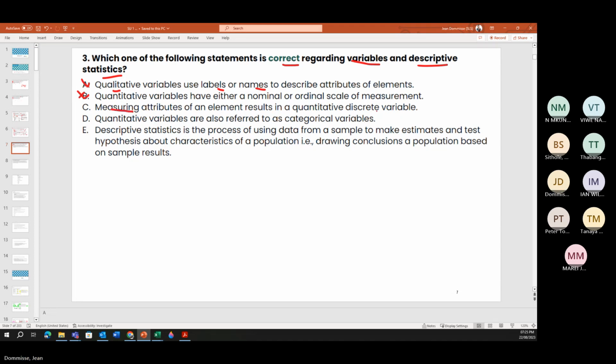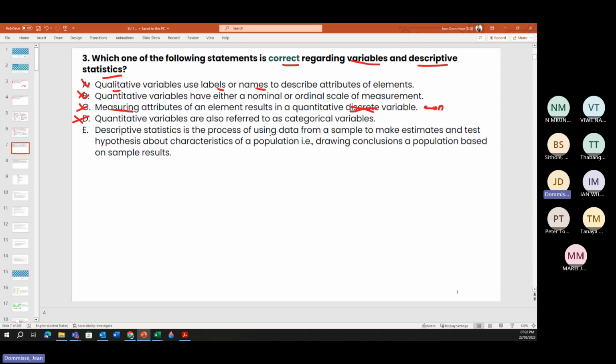Measuring must be continuous and not discrete. Counting is discrete, measuring is continuous. So that is incorrect. Quantitative variables are also referred to as categorical. Nope. Qualitative is categorical.